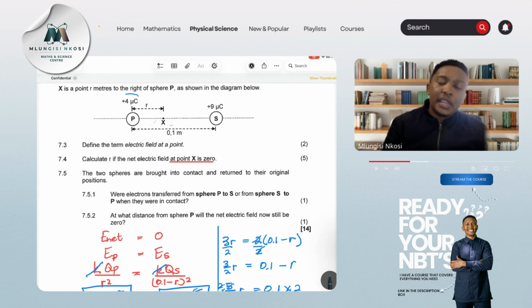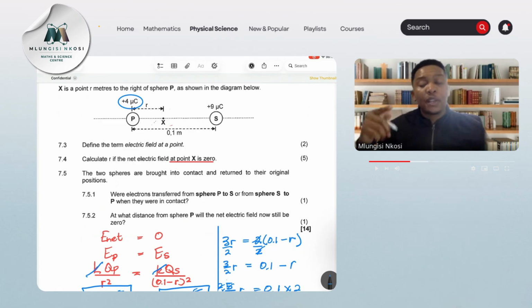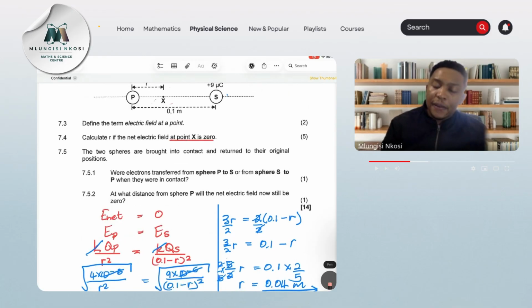Already I can tell that P has more electrons because it is less positive, so it has more electrons than S. Therefore, electrons will be transferred from P to S.